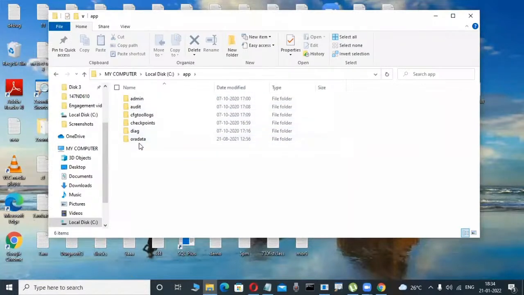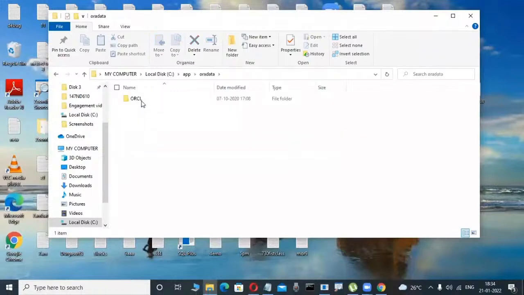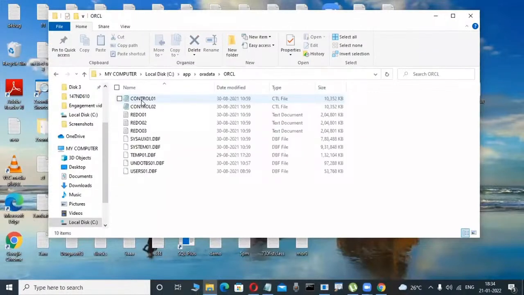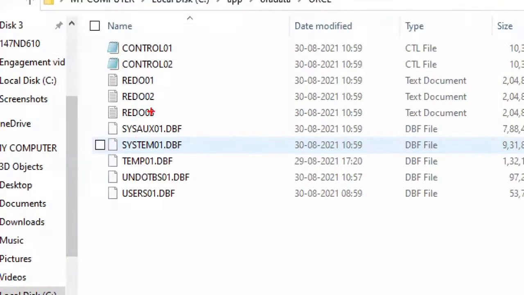Those are directories, these are folders: Oracle, Oradata, ORCL. I'm observing only. In the C drive I installed my Oracle software. Is the Z table visible anywhere in this Oracle software? Anybody guess?